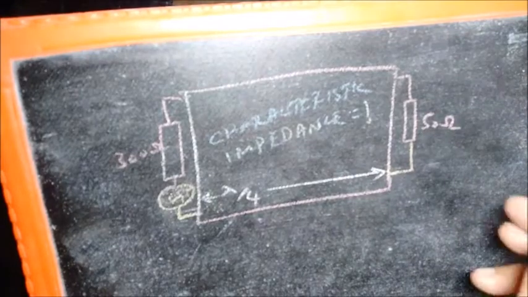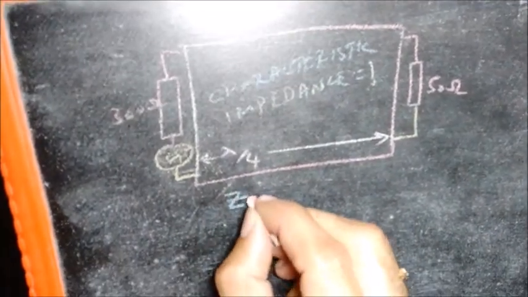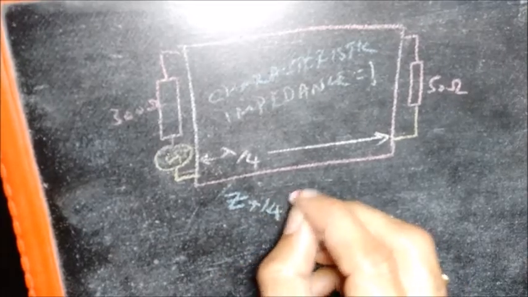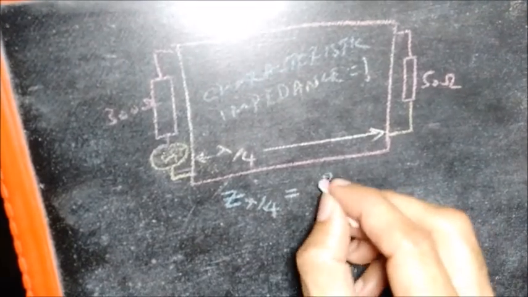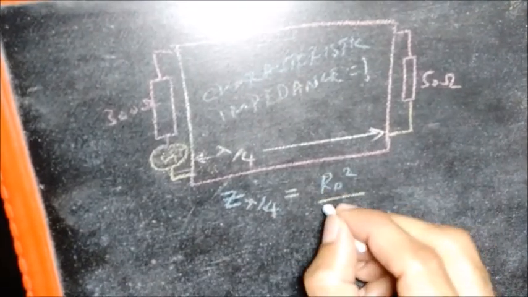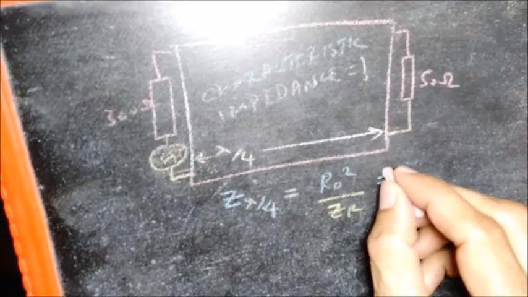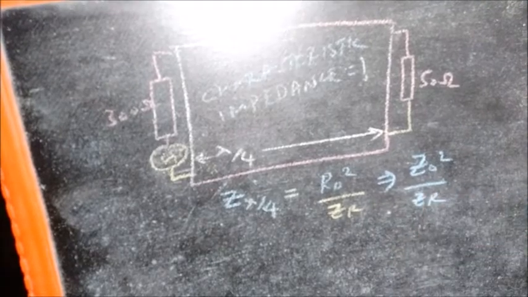This is the question. So we saw earlier in the previous video that Z lambda by 4, the input impedance of a lambda by 4 line, is given by R0 square by ZR. In general, that will be Z0 square by ZR.